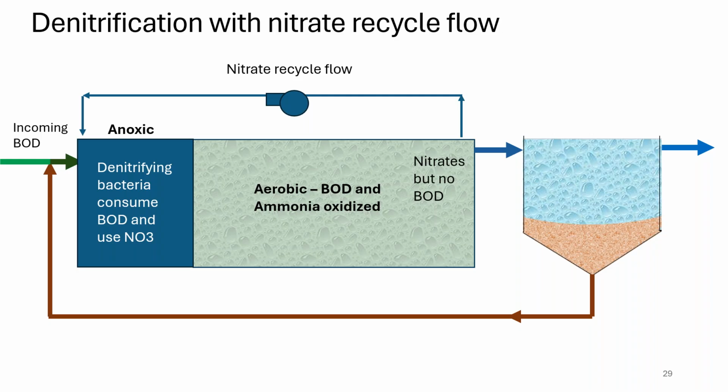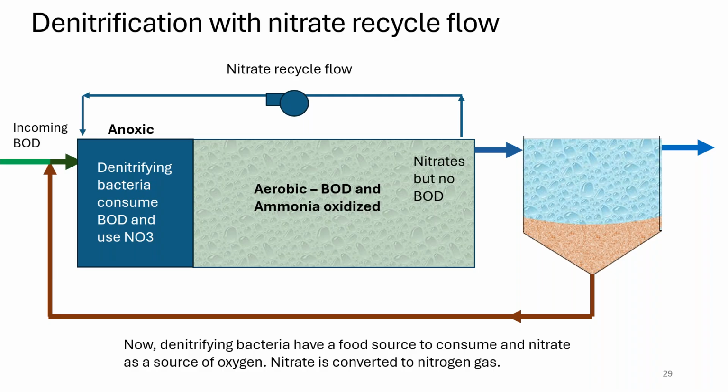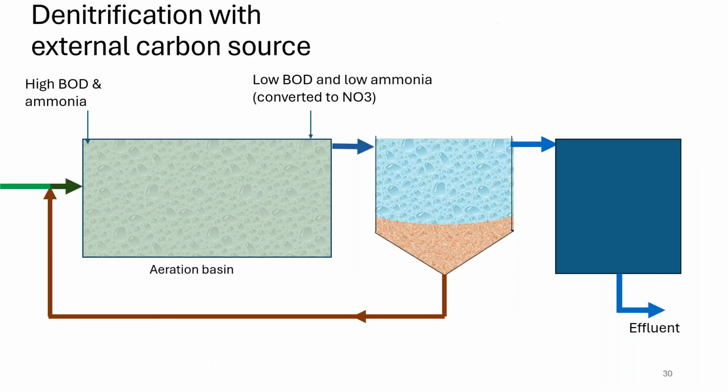So you have your denitrifying bacteria, which can thrive in an anoxic environment, and that BOD is coming in, and the nitrate is being stripped of its oxygen. And now in this case, the denitrifying bacteria actually have a food source to consume and a source of oxygen in the nitrate. And that nitrate is converted to nitrogen gas, which is going to bubble off into the atmosphere.